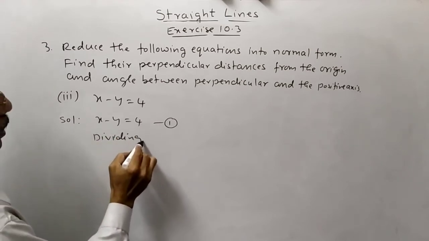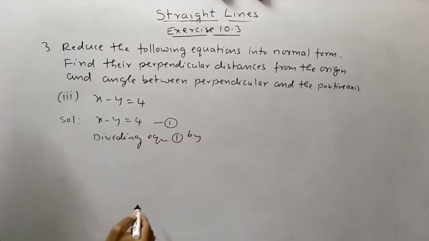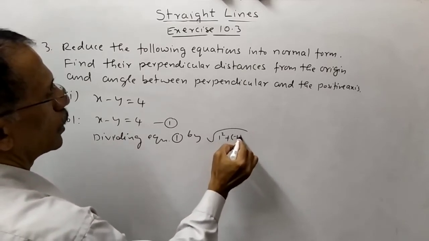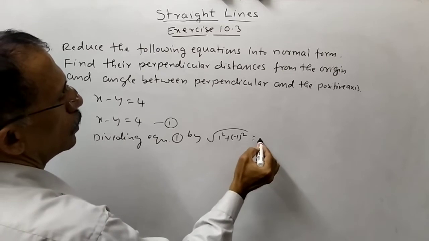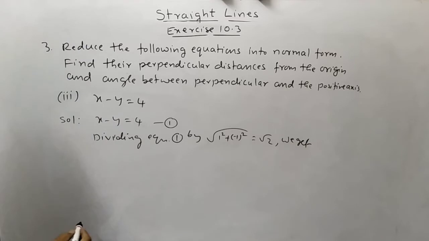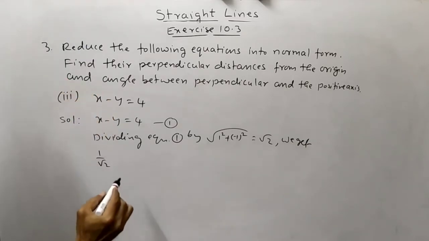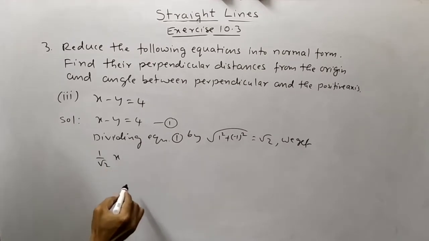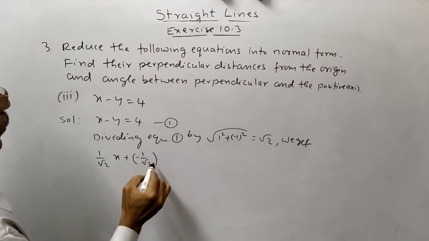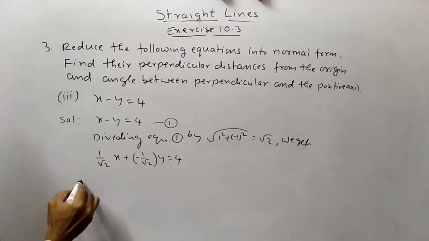Dividing equation 1 by square root of 1 square plus minus 1 whole square, which is equal to root 2, we get 1 by root 2 into x plus minus 1 by root 2 into y is equal to 4.